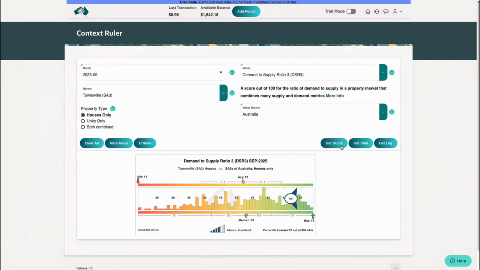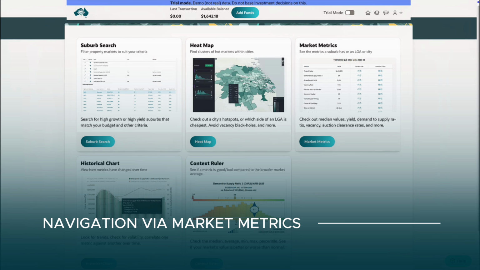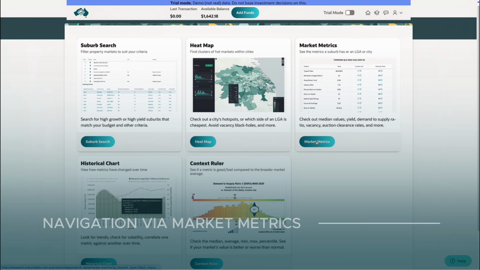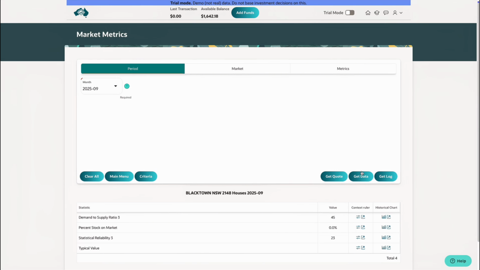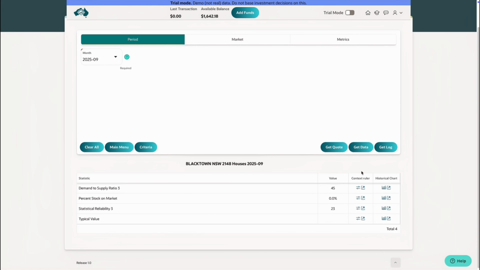Another way to view a context ruler is via Market Metrics. A Market Metrics report contains data for a specific market and shows a range of metrics. To the right of each metric value, there's a column of context ruler links.